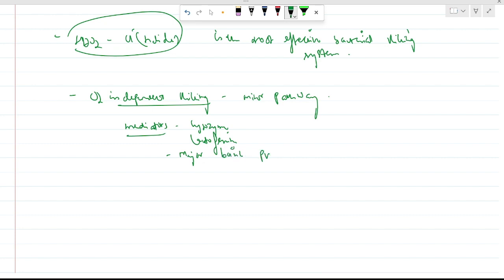These major basic proteins, remember two points: they are produced in eosinophils, and they have an antiparasitic effect.